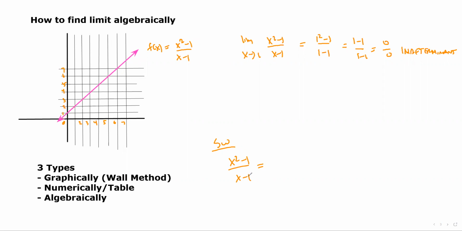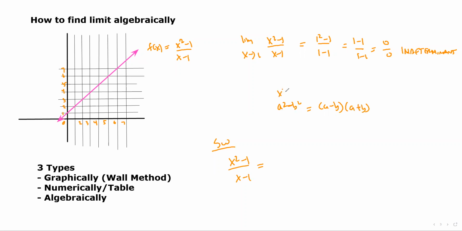Remember in algebra, if we have x squared minus 1, this is basically the difference of squares. The difference of squares is a squared minus b squared. If you multiply a minus b times a plus b, it gives you a squared minus b squared.